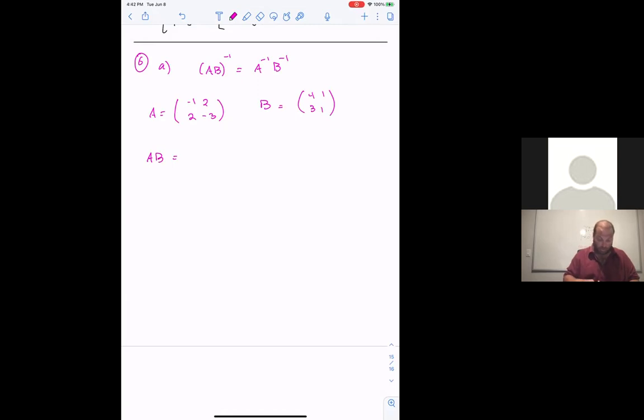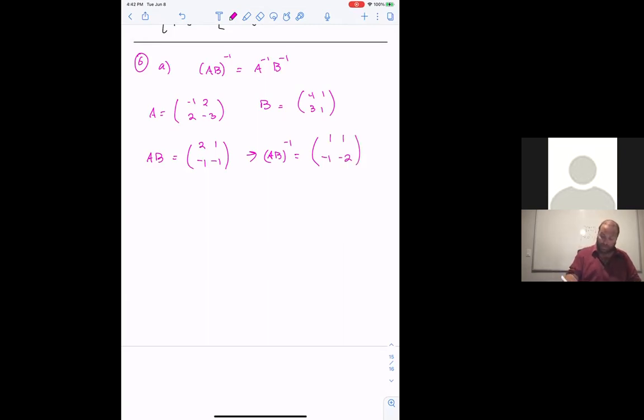And then we do A times B. So AB is 2, 1, -1, -1. And its inverse is 1, 1, -1, -2.